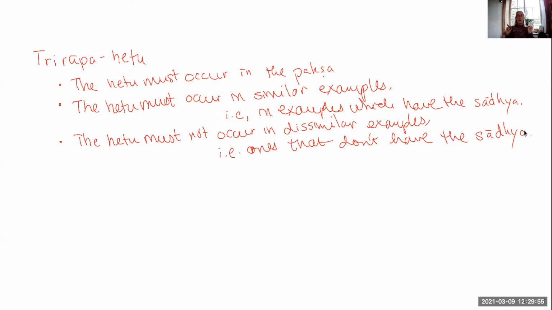So if you have a hetu that meets all three of these, then you're going to have a good hetu. It's going to exclude the uncertainty case, the not established case, the self-contradictory case. So this means that we don't have to worry about pseudo-justifications if we can ensure that each one of these characteristics of the Trairūpya-Hetu is met.